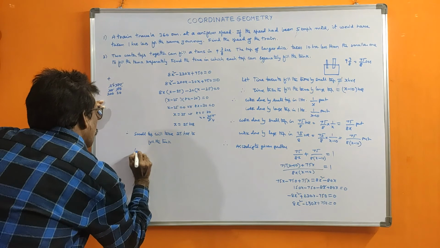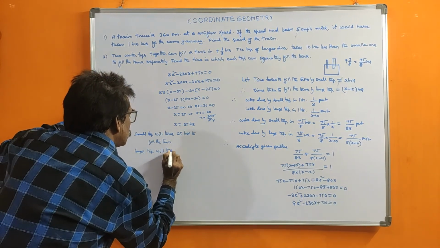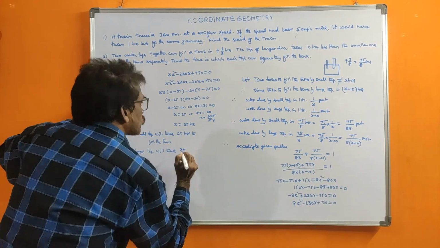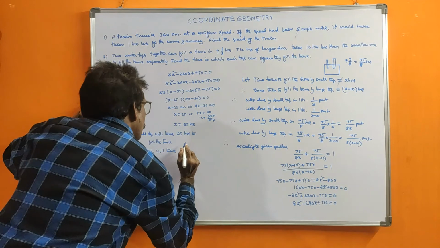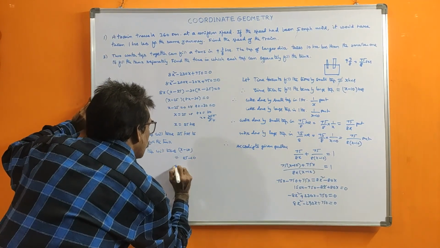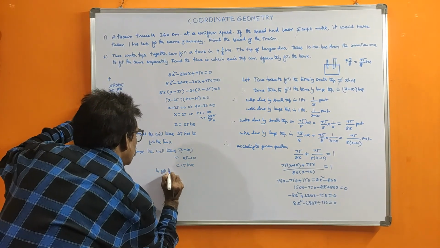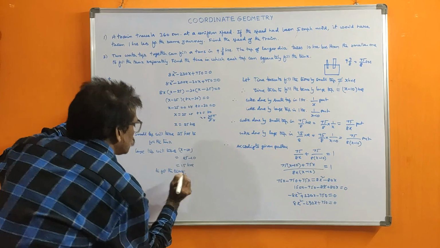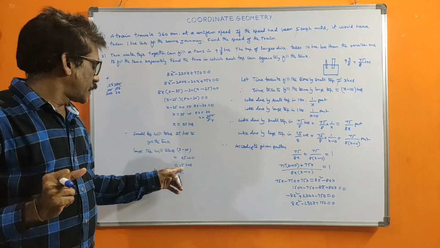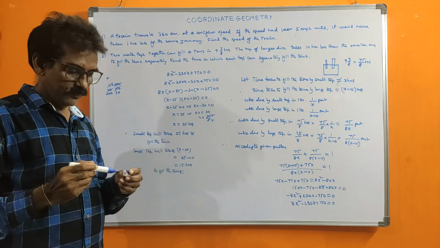The large tap will take x minus 10; the x value we know now, 25 minus 10, that is 15 hours to fill the tank. So the larger tap will fill in 15 hours, the small tap will fill in 25 hours.